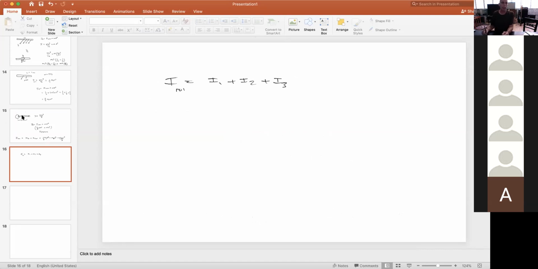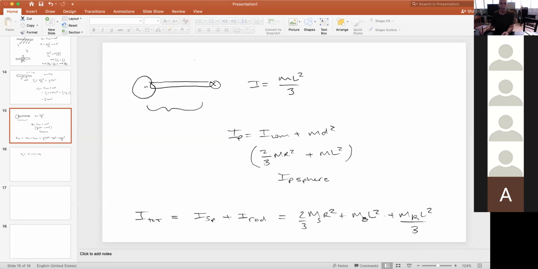So going back here, I for the rod plus the sphere about this axis is I of the rod about that axis plus I of the sphere about that axis. The problem is you need to use the parallel axis theorem to find it. So go to that chart and look up a solid sphere about its body, and that gives you I of center of mass.